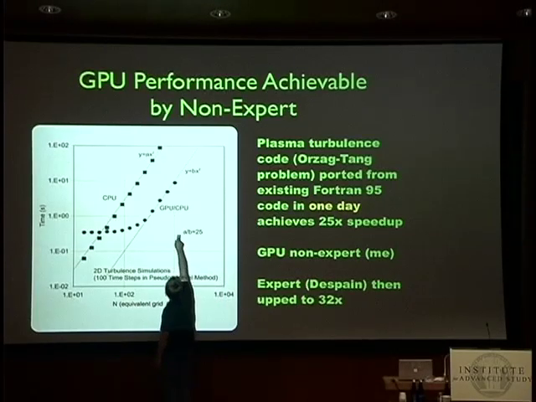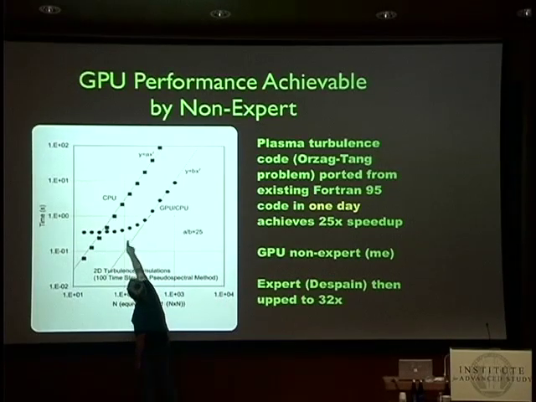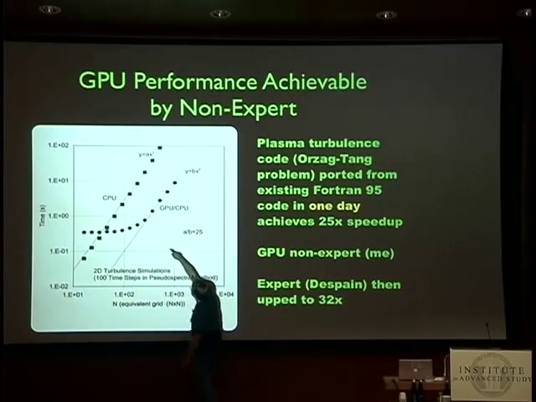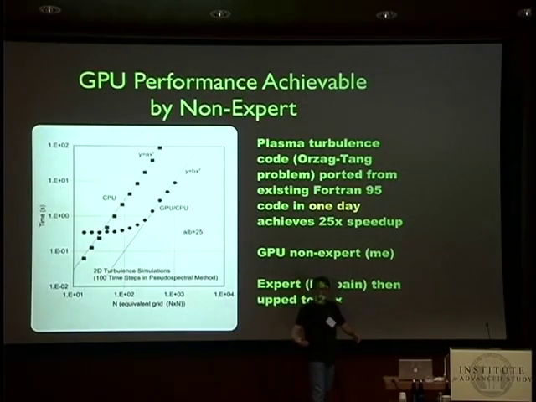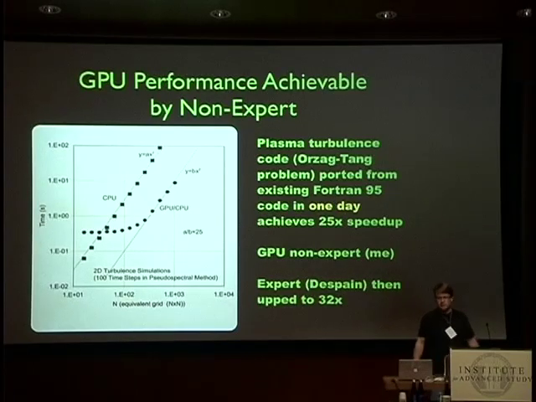And so the GPU is bad at small sizes, but then this is time, so the fact that its time is smaller at large problems means that it's performing very well, and the ratio of the two is about 25, so you get a 25 times speed up in that case.